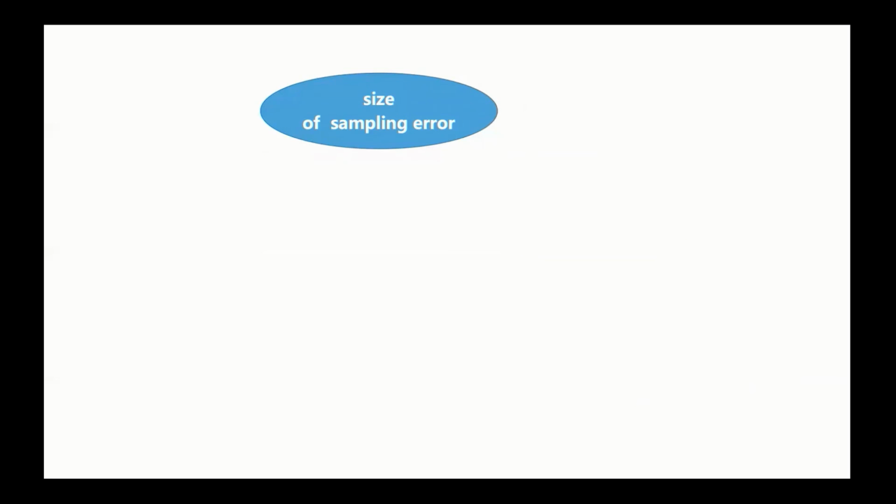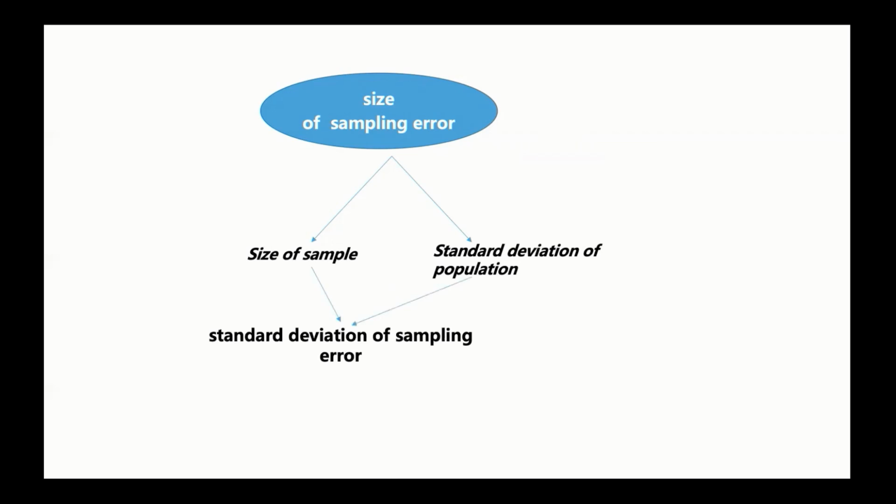There are two things that affect the size of sampling error: the size of the sample, and the standard deviation of the population. If both are known, we can predict the standard deviation of the sampling error, which equals the standard error of the mean.